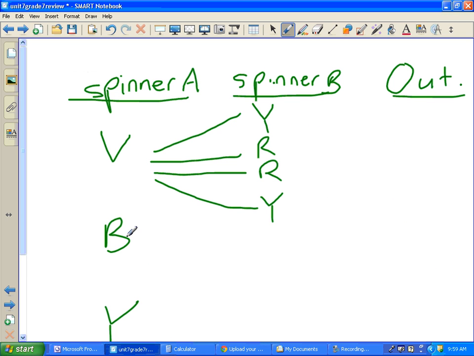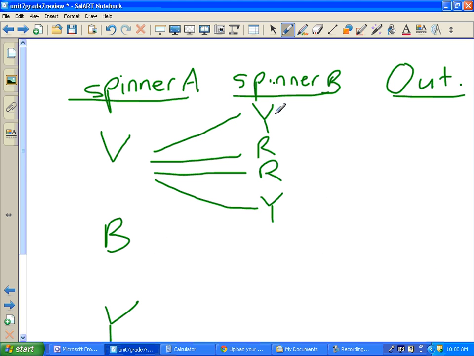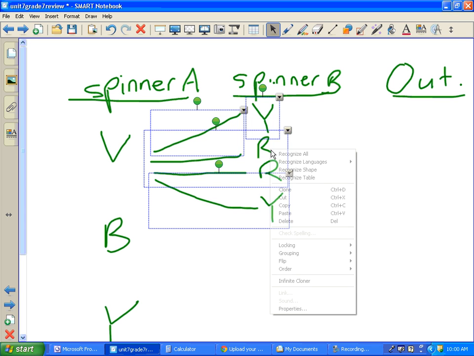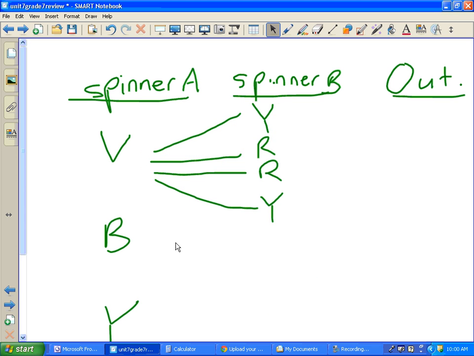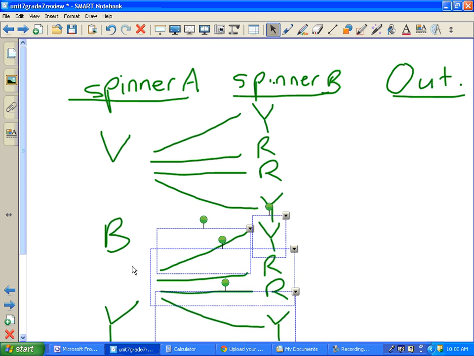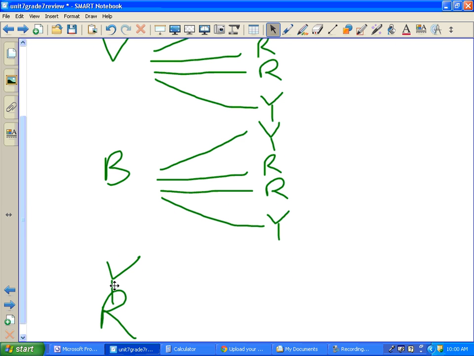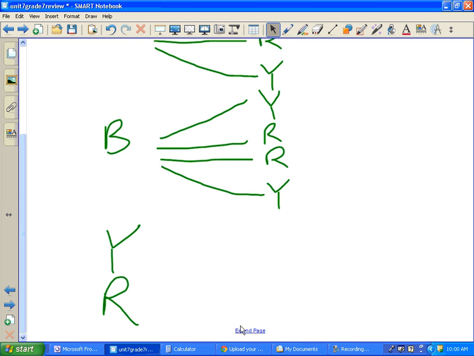Now, if we had gotten blue at the first one, we still could have gotten yellow, red, red, or yellow for the second one. So to save some time, I'm just going to copy that and paste it for my four possible outcomes for B, and move it down. Sometimes you need a little extra space here to write these.